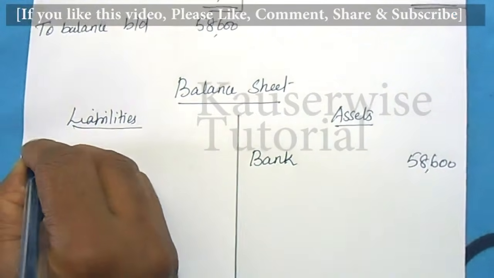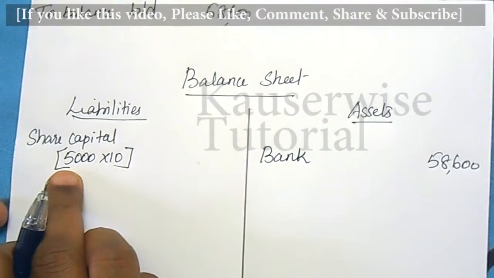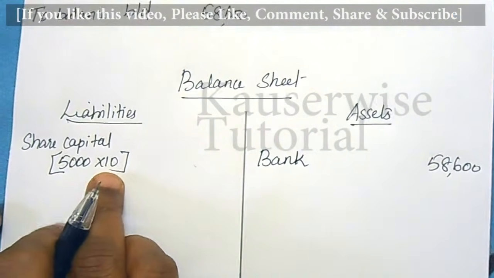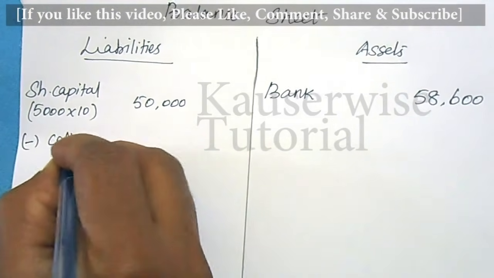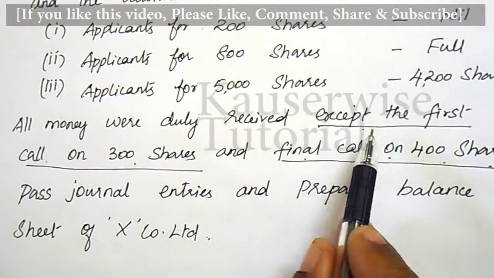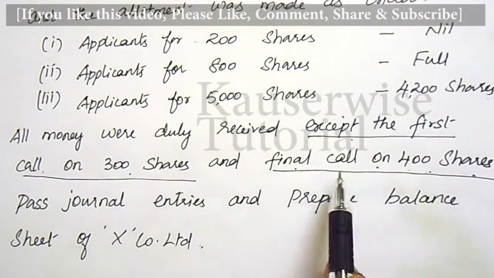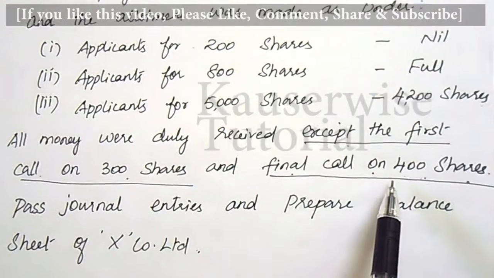Liability side, share capital. How many shares were offered by the company? 5,000 shares into 10 rupees each, 50,000, minus calls in arrears. Look at the problem. All money was duly received except the first call on 300 shares and the final call on 400 shares. So these two things are called calls in arrears.